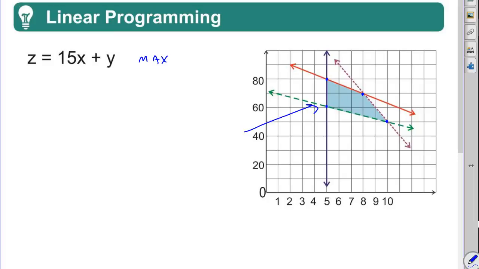All right, so our first point here is what? 560. Our second point right here is what? 580, right? 580. Our third point, as I work from left to right, is right here at 870.